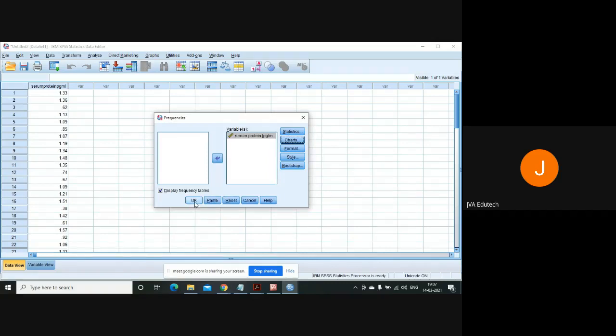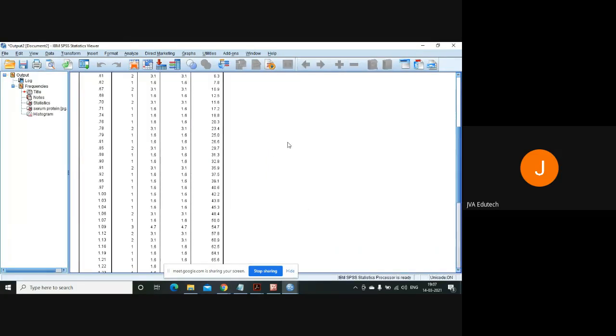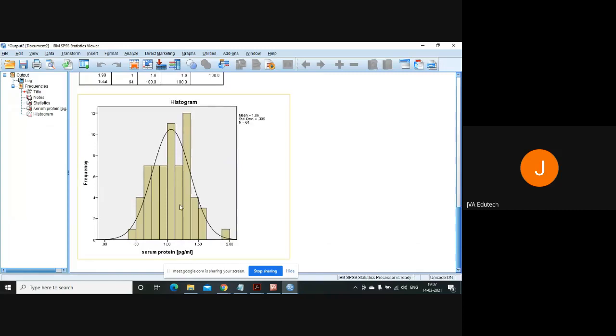Click on continue. Now you can see this is a perfect normal distribution. So by looking at the graphs, QQ plot and histogram, or through Shapiro-Wilk method or one sample Kolmogorov-Smirnov method, you can check whether your test distribution is normal or not. Now our first assumption, first criteria is fulfilled for parametric test.